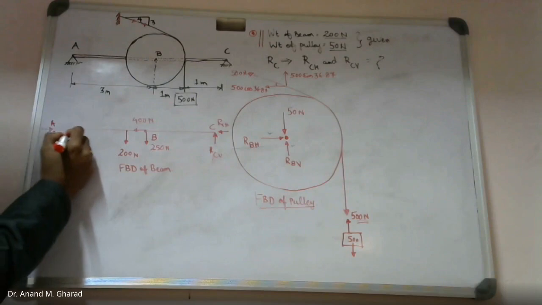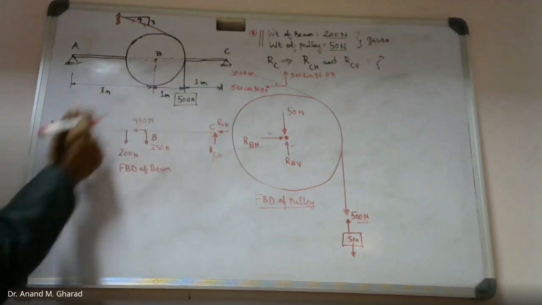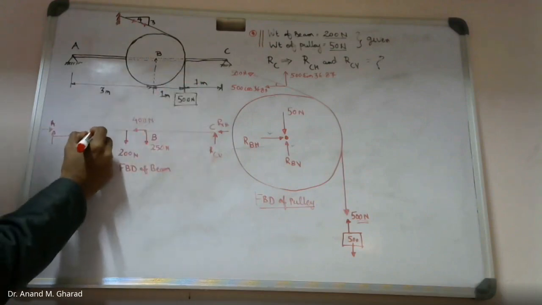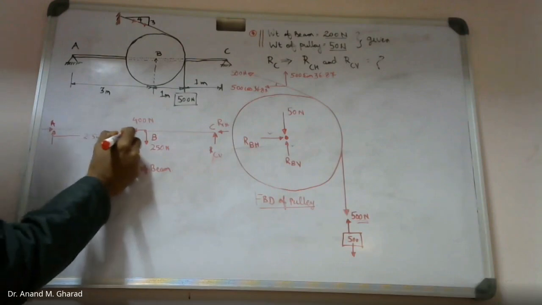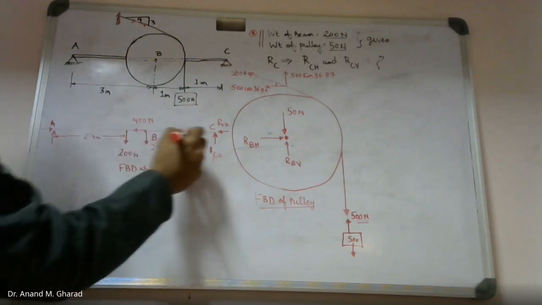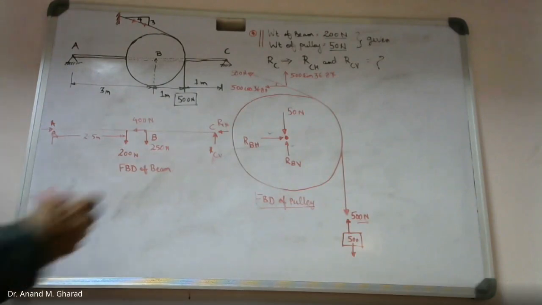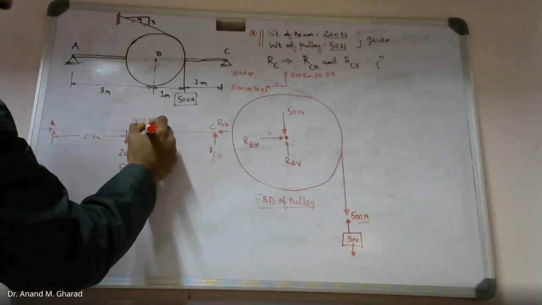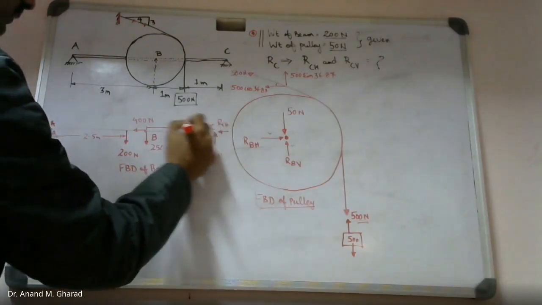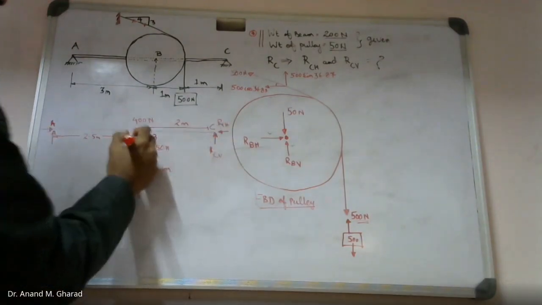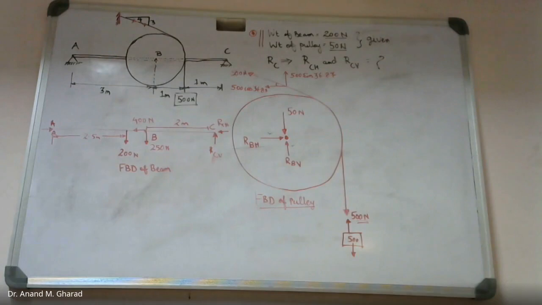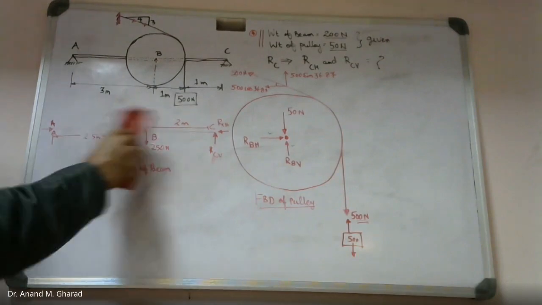Now this becomes the free body diagram of the beam, right? This complete is 5 meters, so this will be 2.5. Okay, and remaining will be the distances or remaining values. That means this will be 2 meter. This is 2 meter, and this is 0.5 meter distance. Am I right? Should I draw on the bigger scale?